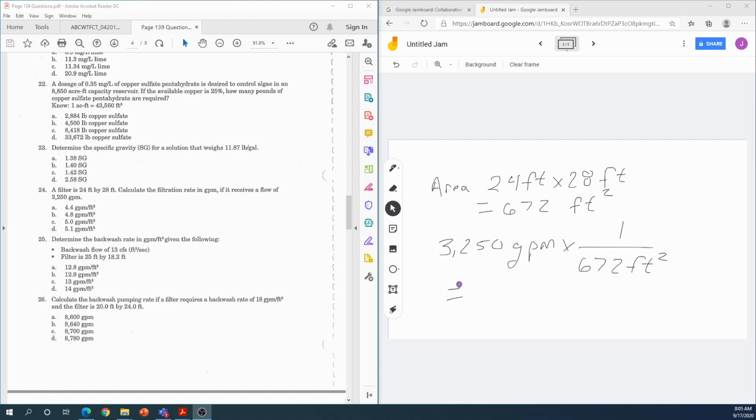So if we take our 3,250 gallons per minute flow rate divided by our filter area of 672 square feet, we get 4.8 gallons per minute per square foot. So again, this was just an exercise of tracking our units.